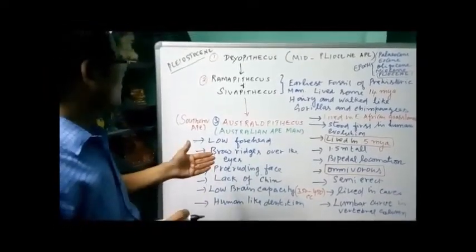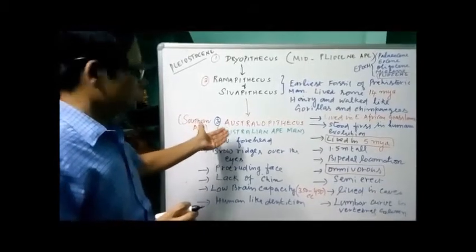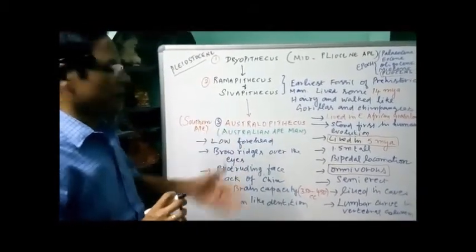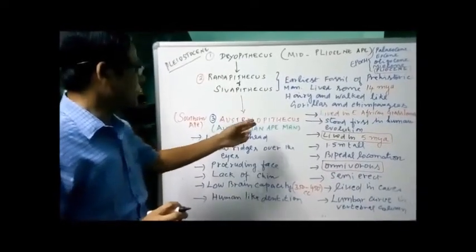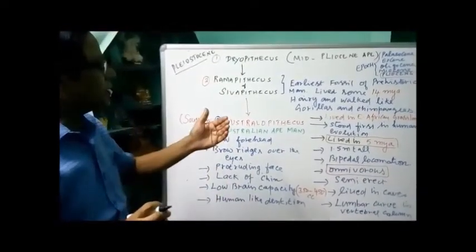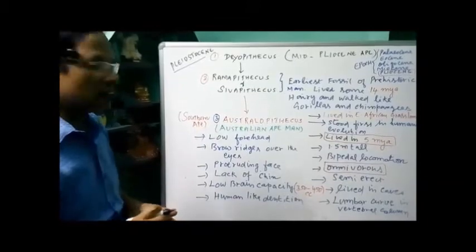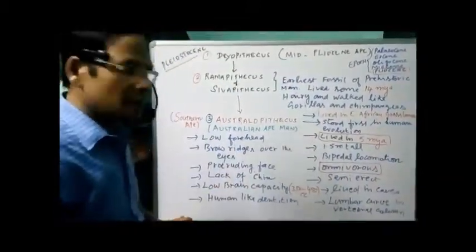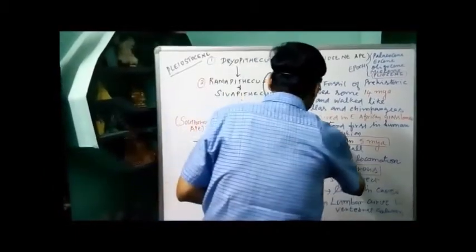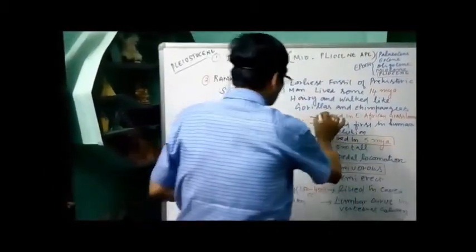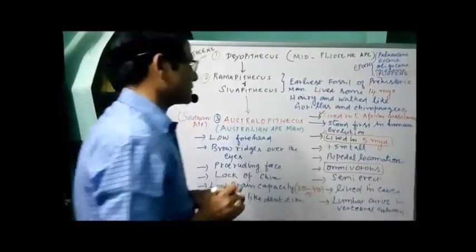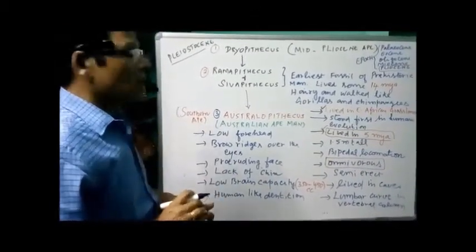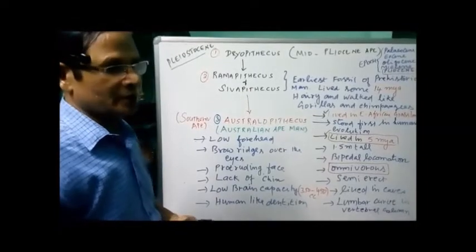Now from this we have the formation of the Australian ape man, Australopithecus, commonly called the Australian ape man. He lived in the East African grasslands, 5 million years ago. This man is also called the Southern ape.